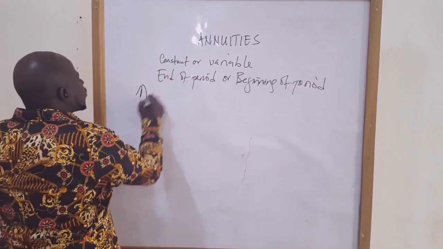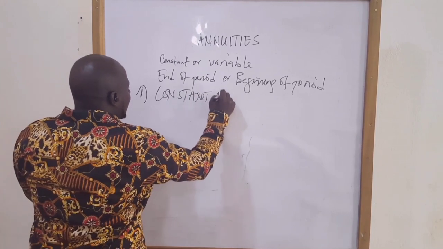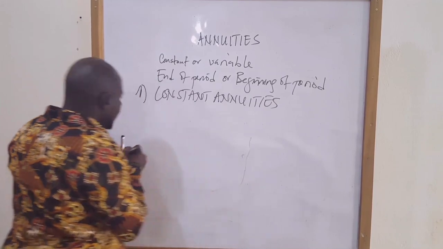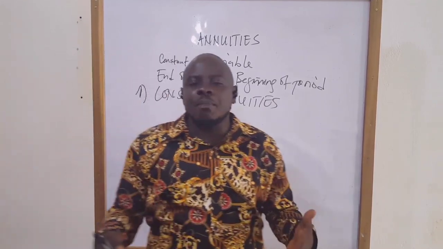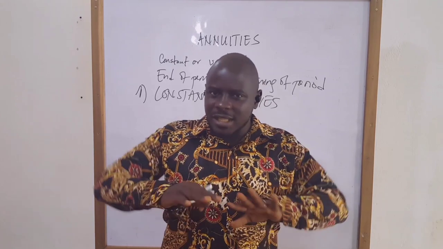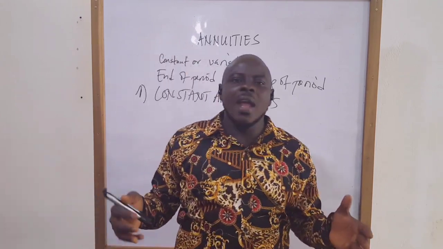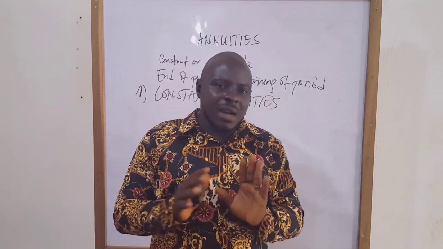So let's start with the first one: constant annuities. Annuities are constant if the amount set aside every period is the same. For example, every month I save 1 million, or every quarter I save 10 million, and so on. So, a fixed amount, they are constant annuities.